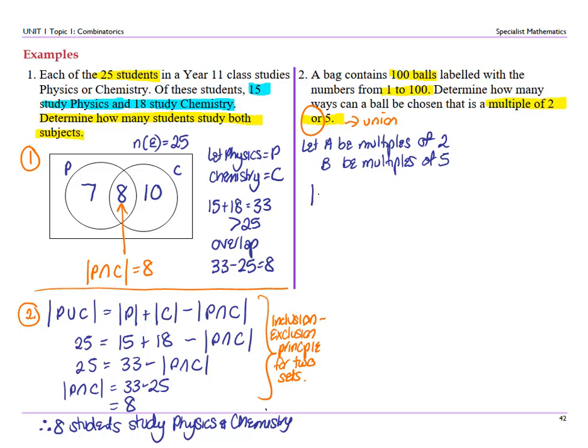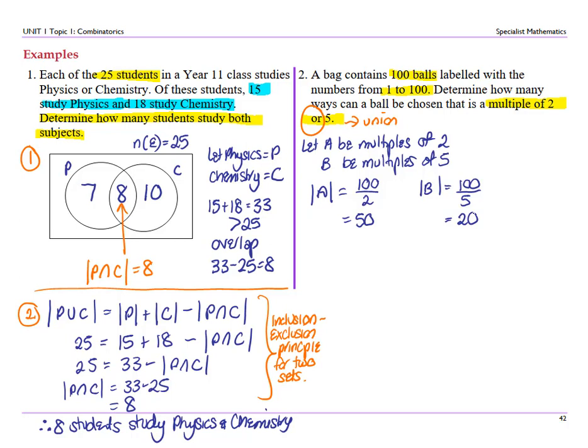Now if I want to know how many multiples of 2 there are from 1 to 100, that's half of them. So 100 divided by 2, which is 50. Now how do I work out how many multiples of 5 there are? Well, that's 100 divided by 5, which is 20.